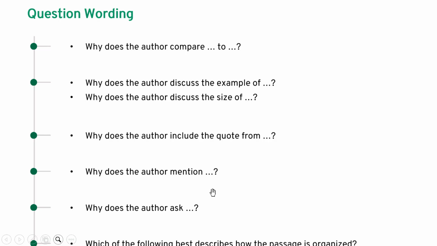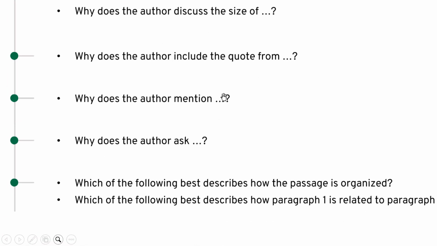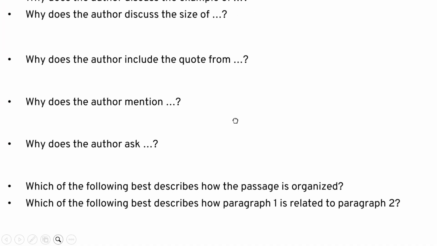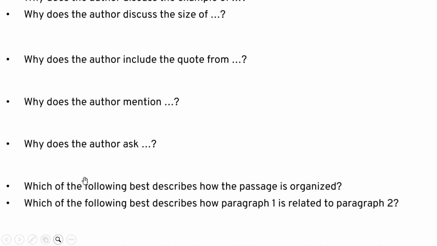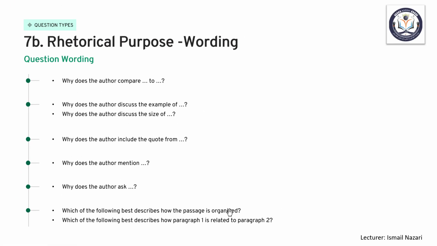Now, if it asks the relationship, we may have these question wordings. Which of the following best describes how the passage is organized? So it asks the organization of the text, how the passage is organized, or which of the following best describes how paragraph 1 is related to paragraph 2. So these two are asking for the relationship.